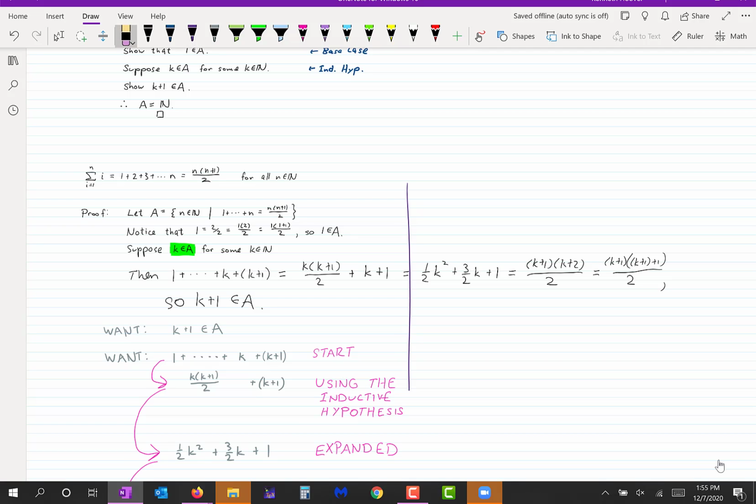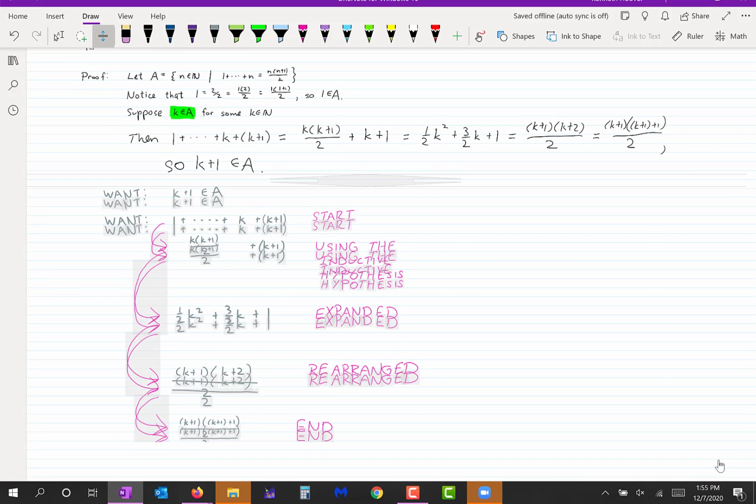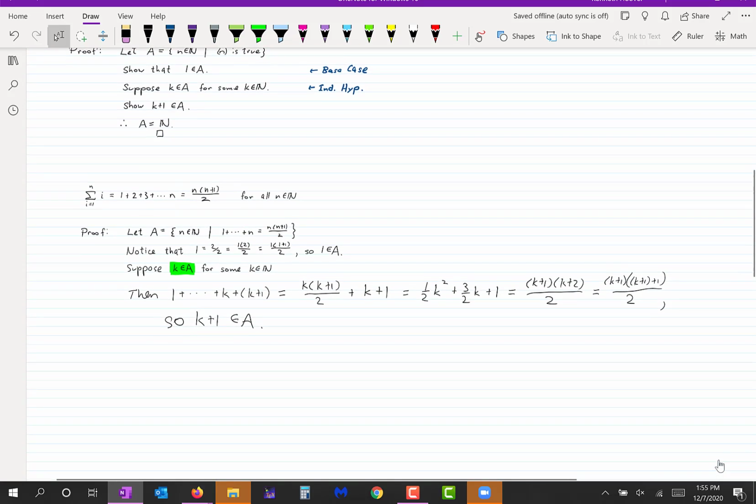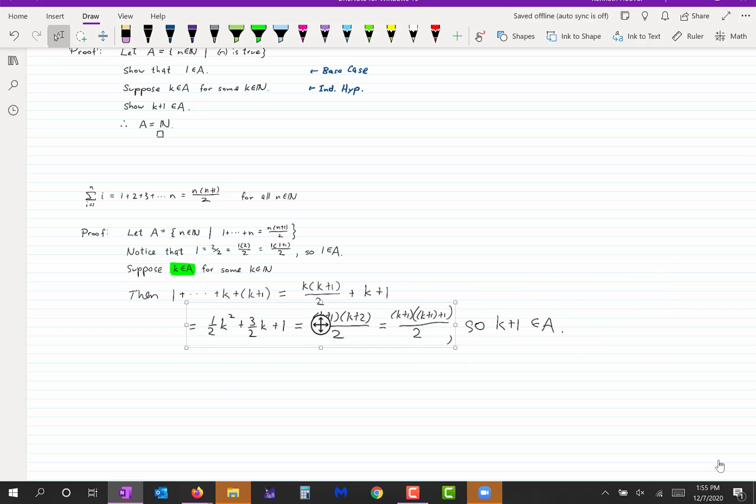Then feel free to just, is it okay if I get rid of the scratch work now? Feel free to just, let's bump this over and take however much you want. Let's say this much. And bring it down here. There you go.